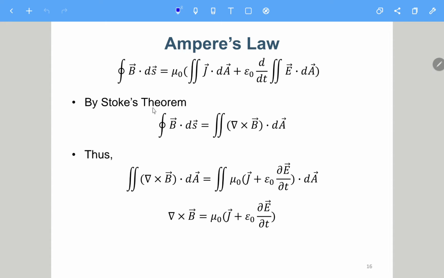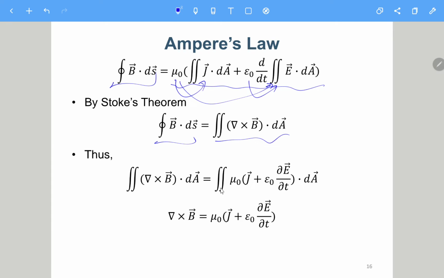Using Stokes' theorem, the line integral of the B field is the double integral of the curl of B. Here we can see this one equals this one. So we put this on the left side and this one on the right side, and then we try to put this mu naught inside.